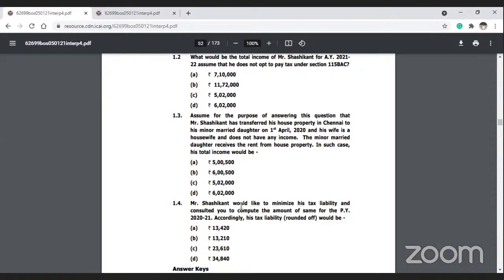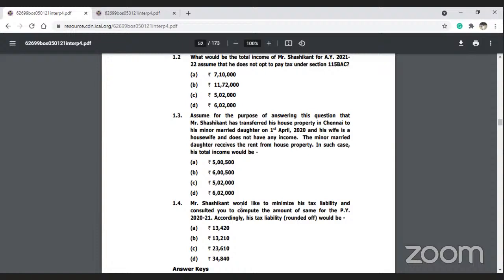Should we move to the next question? Yes. Mr. Shashikant would like to minimize his tax liability and consulted you to compute the amount of the same for the PY 2021. Accordingly, his tax liability would be. For this, we'll have to take 5,200 only?